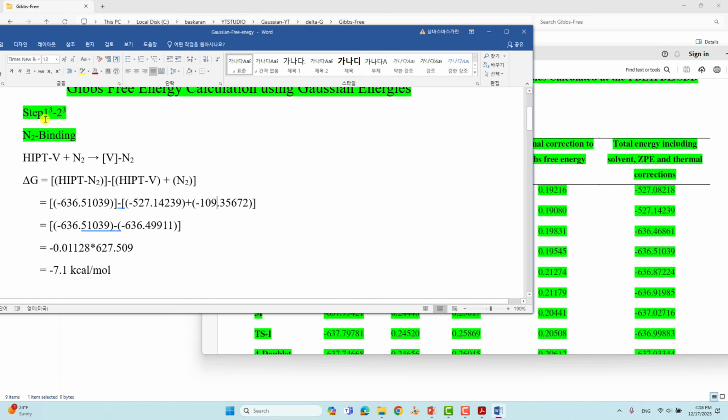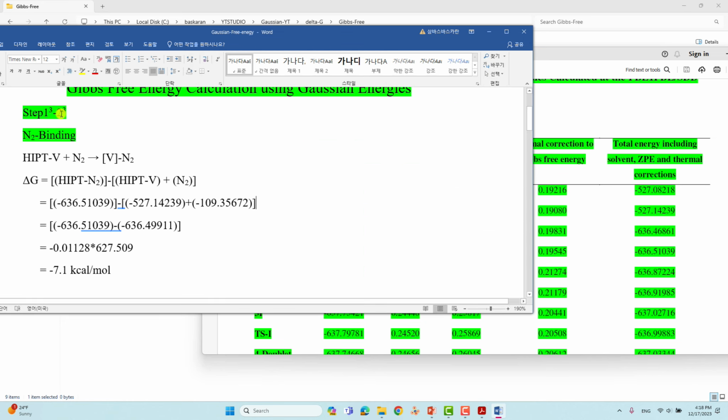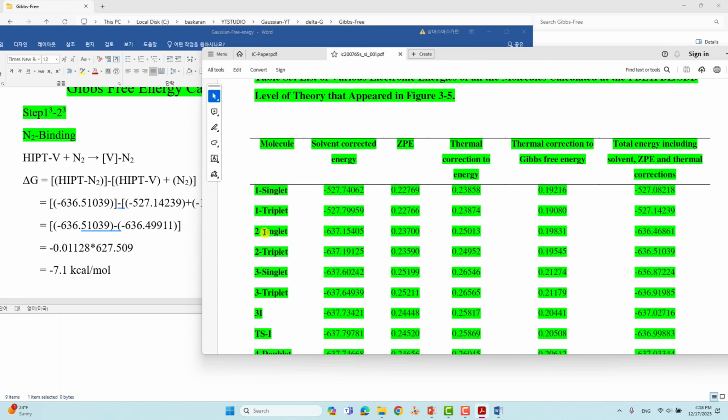So actually I have mentioned here 1 3, 2 3. The 3 means the spin multiplicity; the triplet state is the stable one for these two. That's why they mentioned 1 3, 2 3. If you see here also, you will see singlet and triplet. So the triplet means the 1 3. The second one is 2 3. 2 3 means the 2 is the singlet, 2 the triplet state.